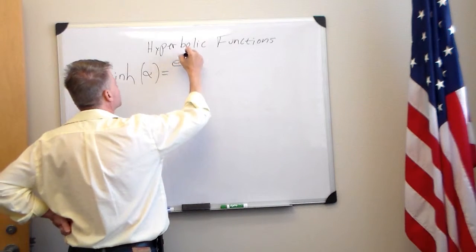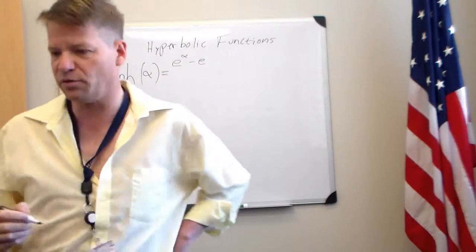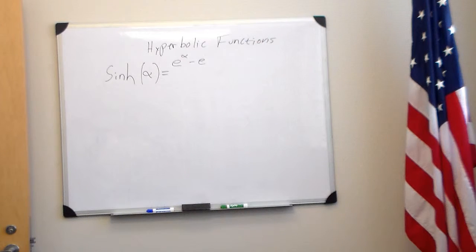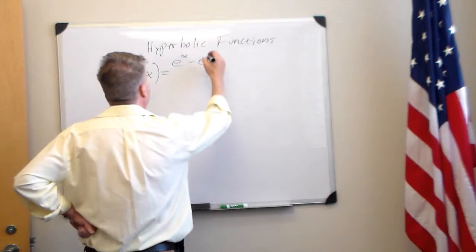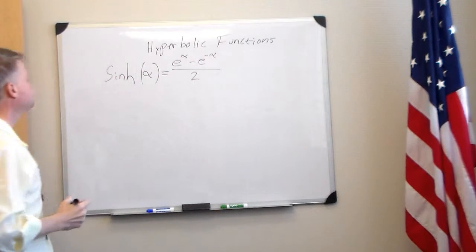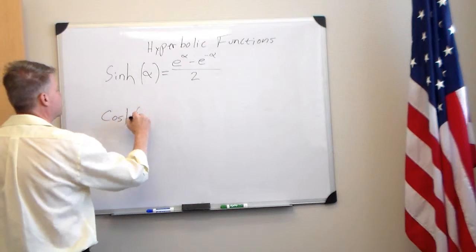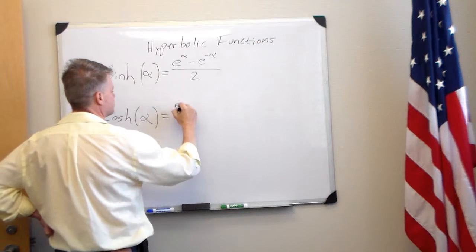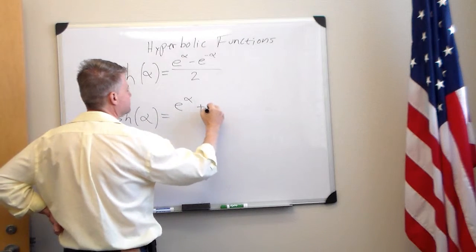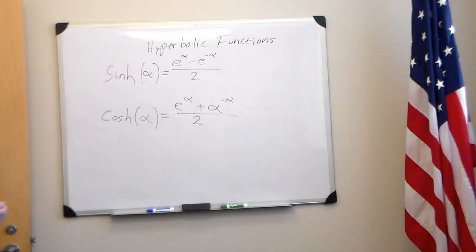This is equal to e to the value of alpha minus e to the negative value of alpha, divided by 2. Cosine h, or hyperbolic cosine, is the same with a plus. This is the definition of sine h and cosine h.